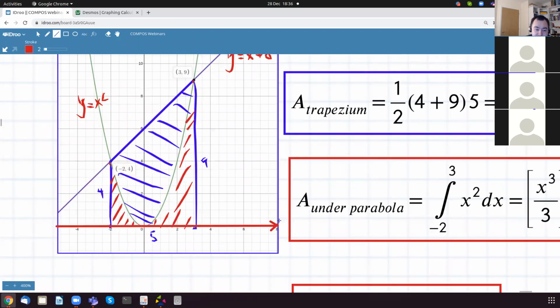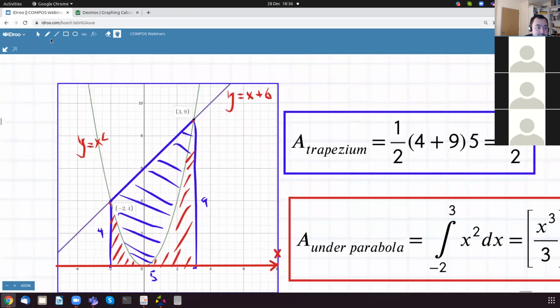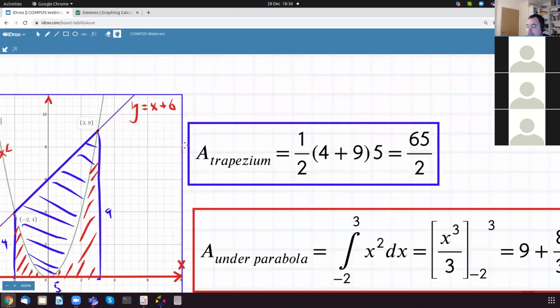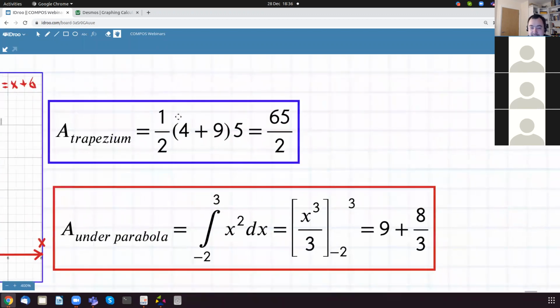When the area is above the x-axis, it is positive. To the left and to the right of the y-axis, it doesn't make any difference. It's still positive area. But indeed, if you find the area underneath, it will be negative. So you're saying y-axis, but you probably mean x-axis.